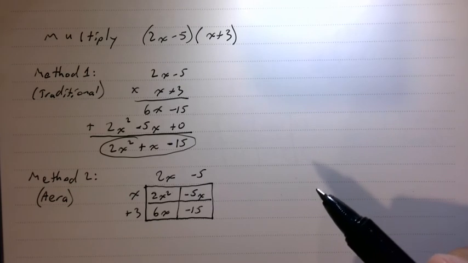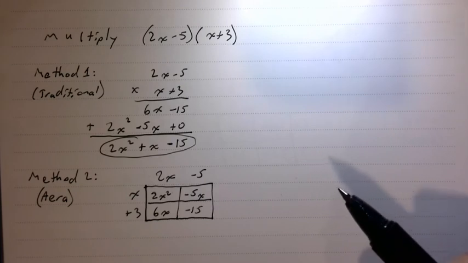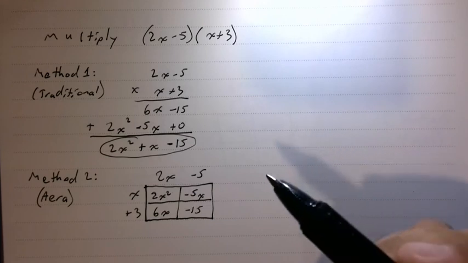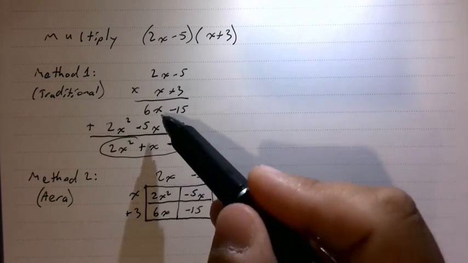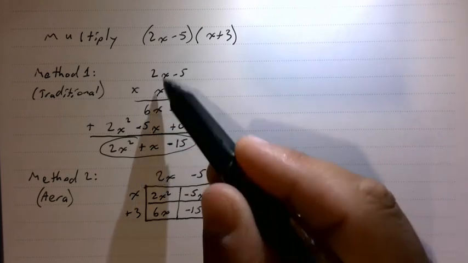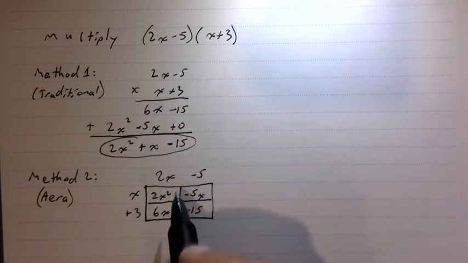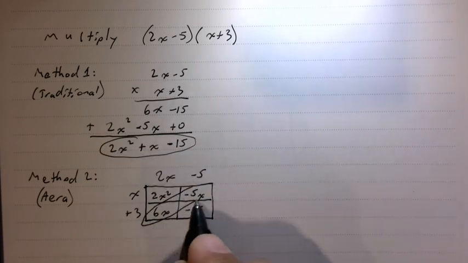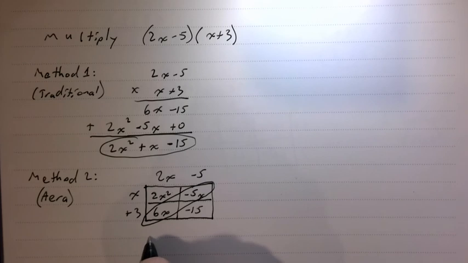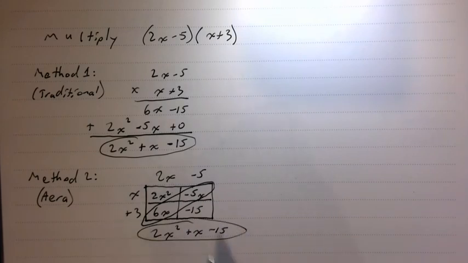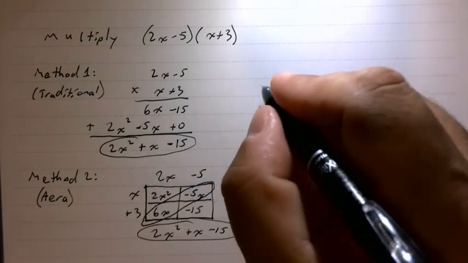We're just organizing it a little differently. Speaking of organization, it's now time to add. Where in method 1, like terms were in similar columns, here the like terms will often be found diagonally. So when we combine like terms, our final answer, 2x squared plus x minus 15, this product is the same as the product in method 1, as it should be.